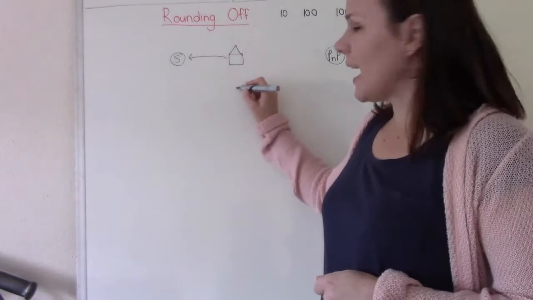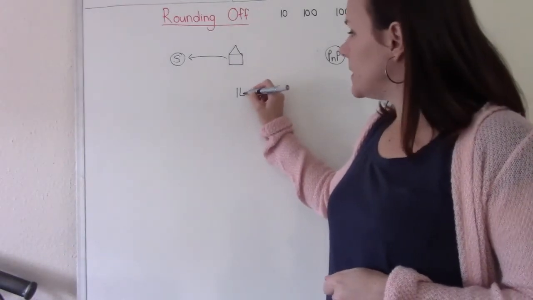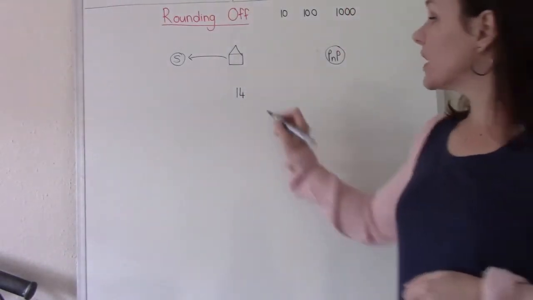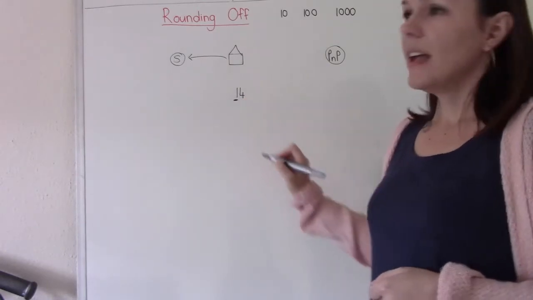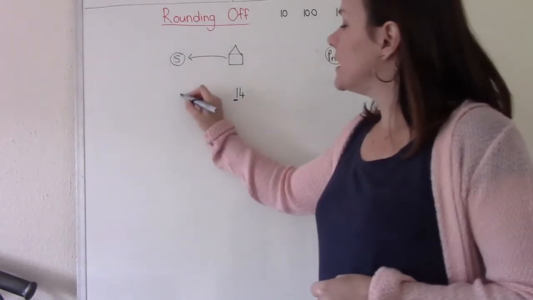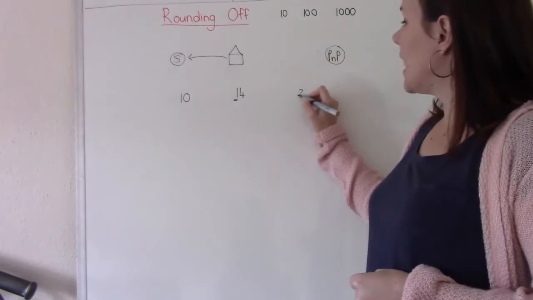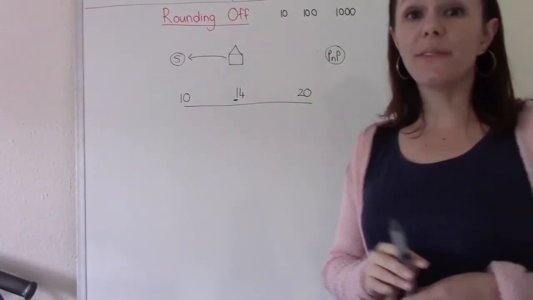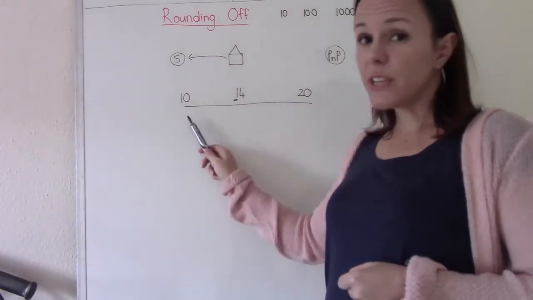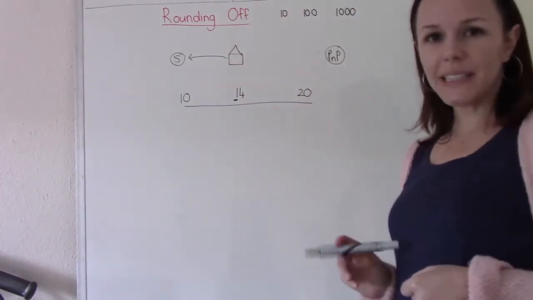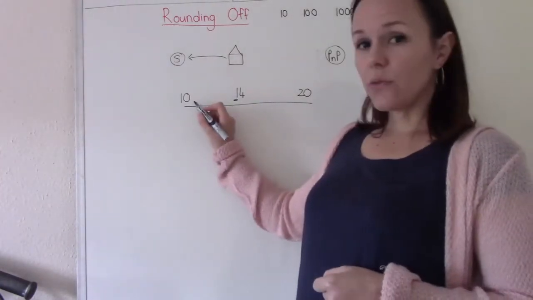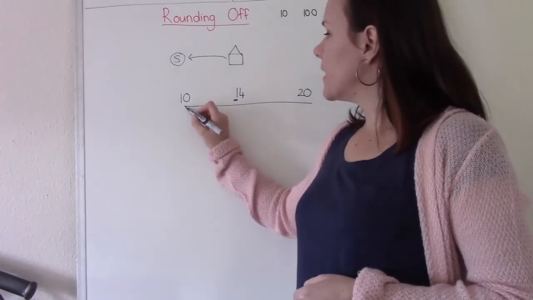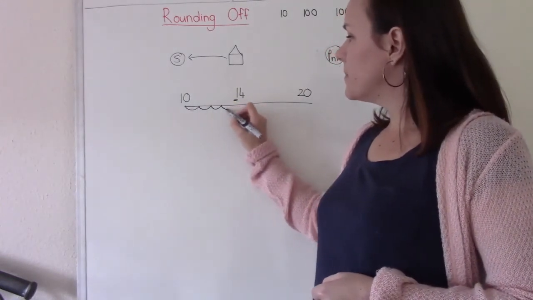Let's say I have the number 14. If I look at the tens, my number is between 10 and 20 on a number line. And I have to see, is it closer to 10 or closer to 20? Now, if I count from 10 to 14, there will be 4 spaces.